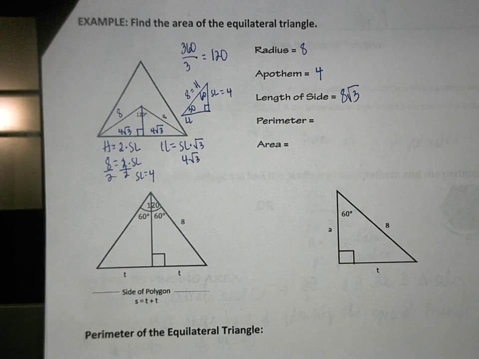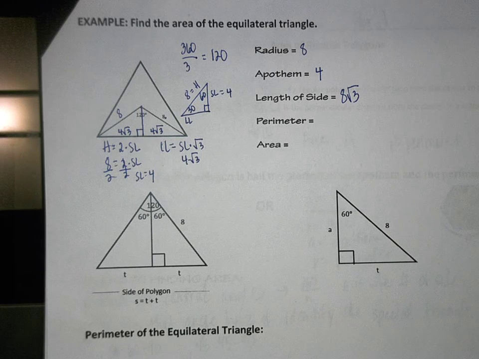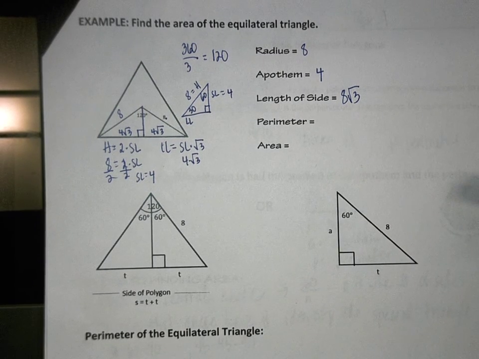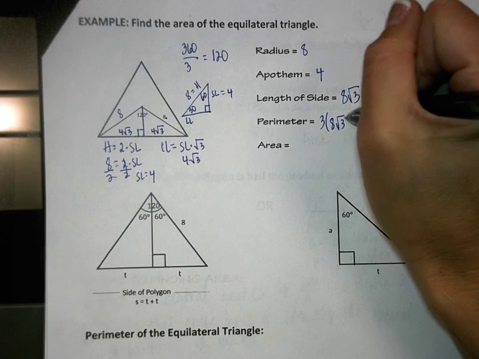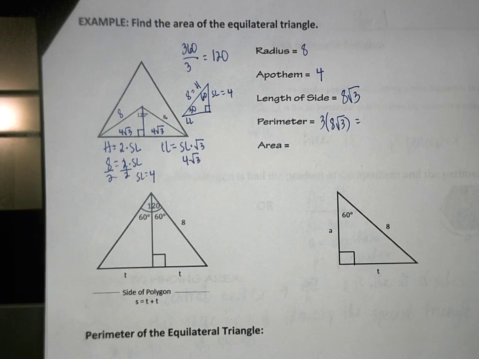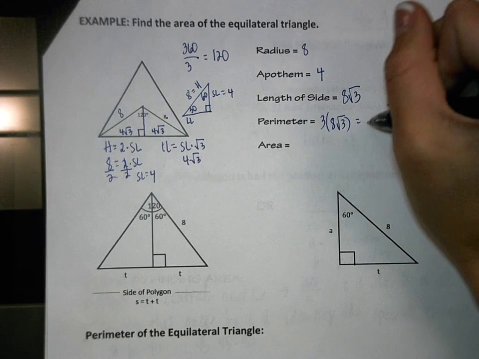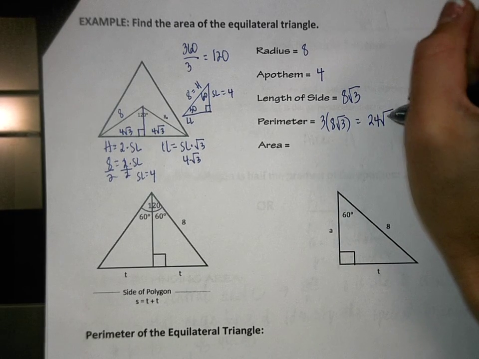So my perimeter then is going to be what? How am I going to find the perimeter? How many sides are there? 3. So we're going to go 3 times 8 root 3, which makes 24 root 3.